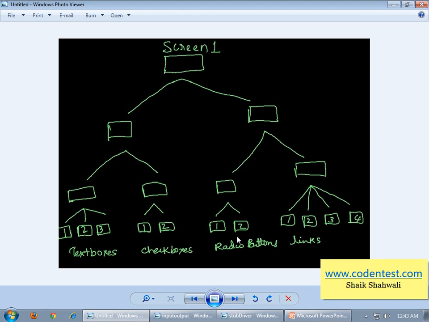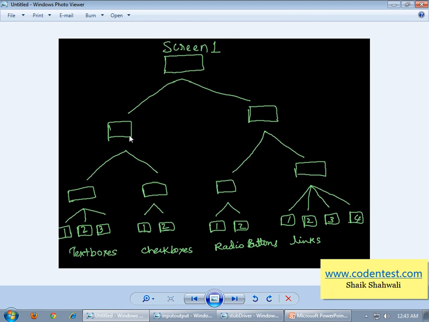Here we are combining 2 radio buttons, and here we are combining 4 links, forming larger components and testing them. Afterwards this group of text boxes is combined with a group of check boxes and formed an even larger component and tested. Similarly a group of radio buttons and a group of links are combined to form an even larger component and tested.